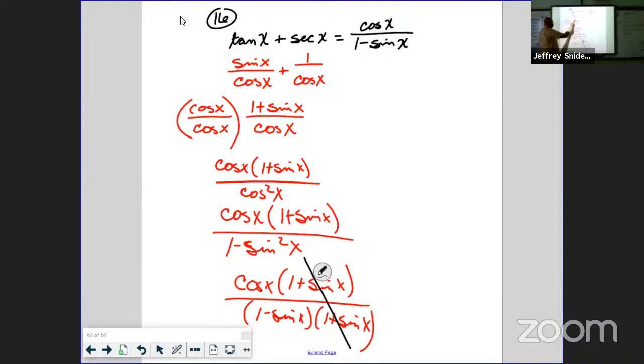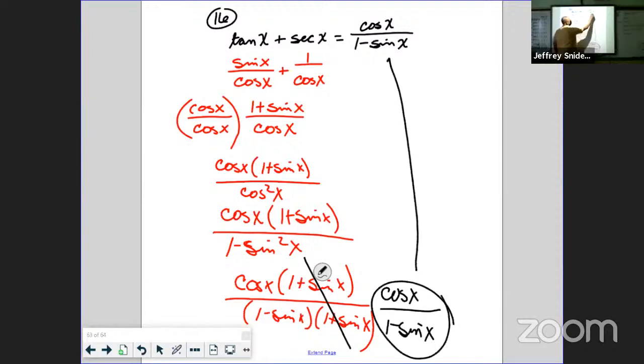Cosine x over 1 minus sine x. That's just working on the left-hand side. On the right-hand side, you could just start off if you wanted and have multiplied by 1 plus sine x over 1 plus sine x. Okay, and you'll get to this, you'll do the same thing.